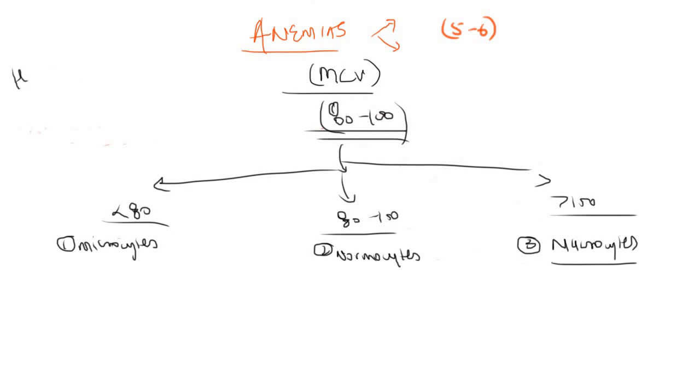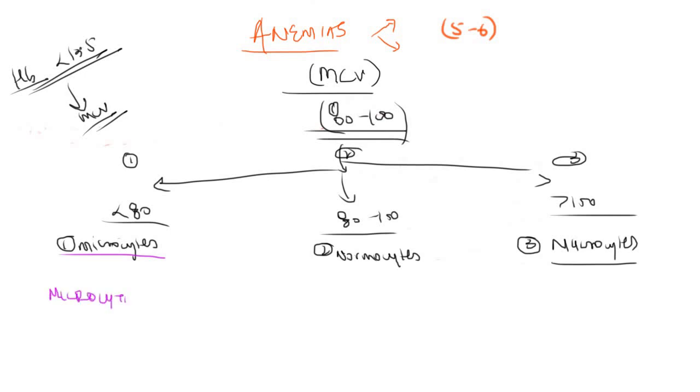Now, let's say a patient has anemia, that is the hemoglobin is less than 13.5, and you see the MCV, and MCV can be either of these three. On this basis, anemias can be of three types, and this is the most important point. Anemia can be microcytic anemia if the MCV is less than 80.